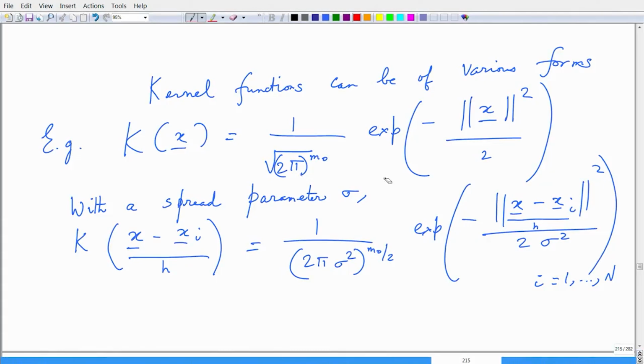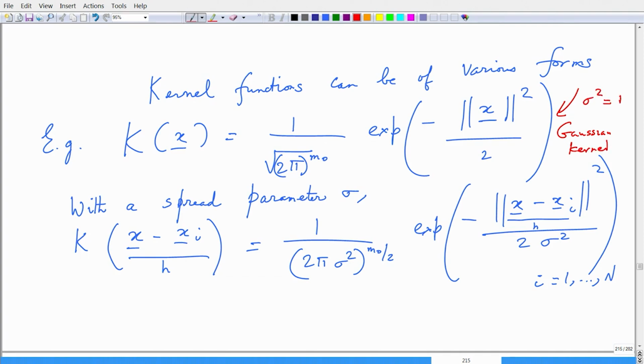K of x is given by this quantity, 1 upon root of 2 pi to the power m naught, exponential of this term, and this is our Gaussian kernel with sigma square equal to 1.